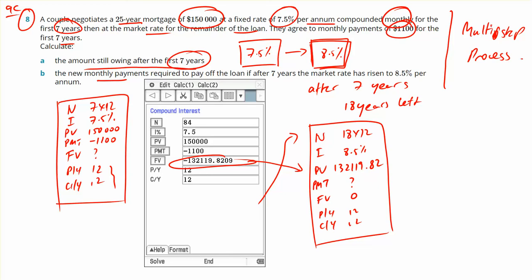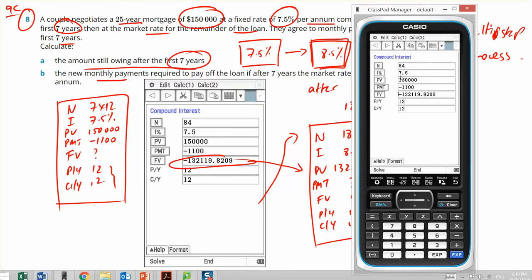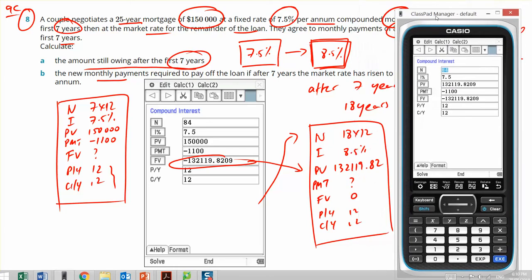So let's try this the second time round. By the way, you can copy and paste your value onto here. I'm going to drag and drop, and delete the negative. Just make sure you get the right numbers. My period now is 18 times 12 because I've got 18 years left in my loan.